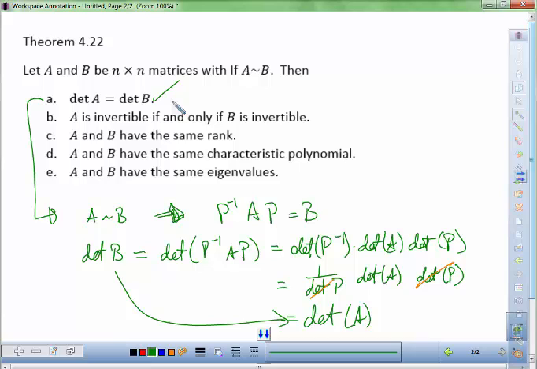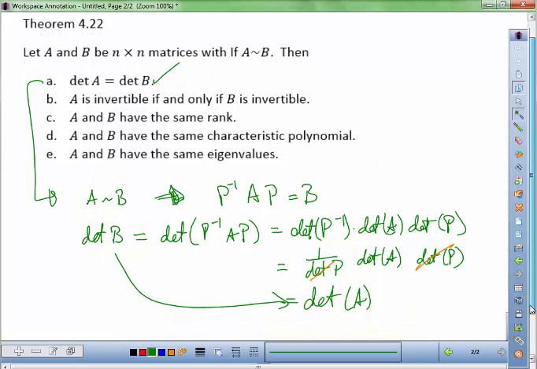And then the rank and characteristic polynomial are a little bit more involved, so we won't prove those. Okay. But now we have a list of facts that we can exploit when we're studying similar matrices. All right, let's go to the next.